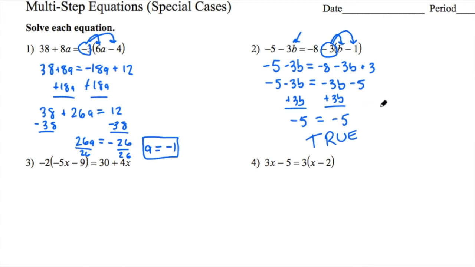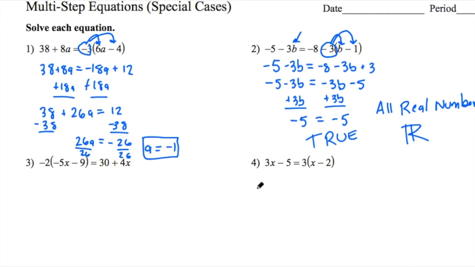So what we will say is the solution to b here is all real numbers. All real numbers that we would have plugged in for b would work. And if you want to write your answer shorter, this is the symbol for all real numbers. So you can write that to mean all real numbers. Great. So that is one of our special cases.